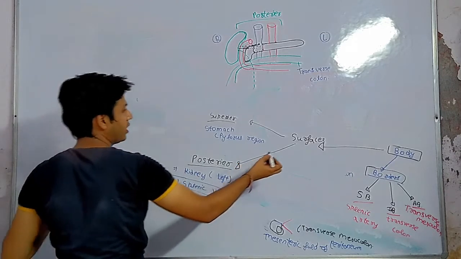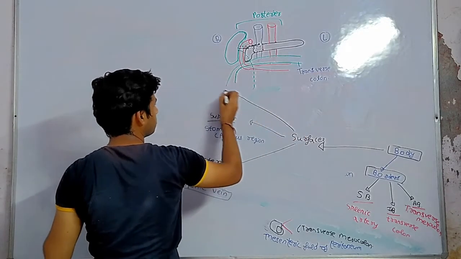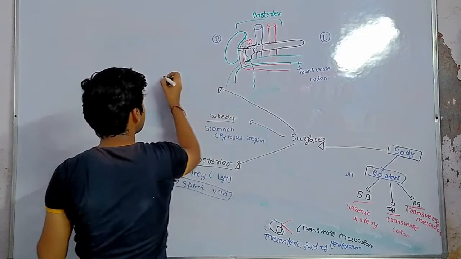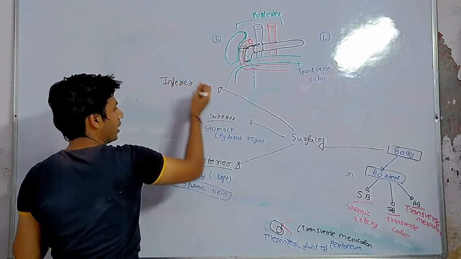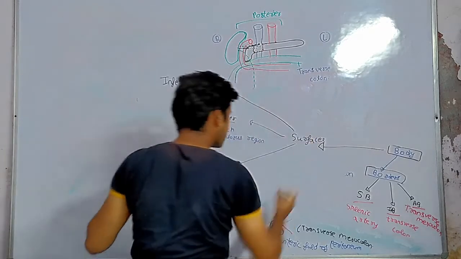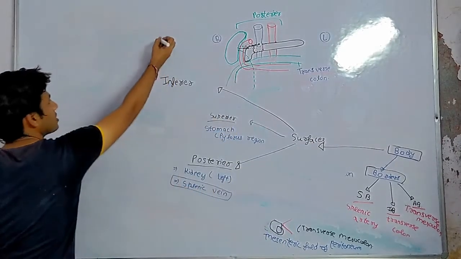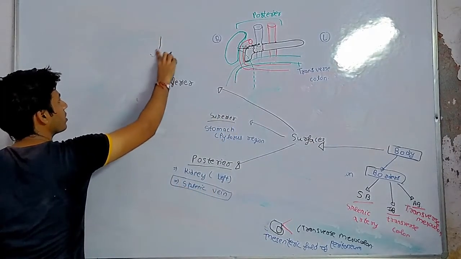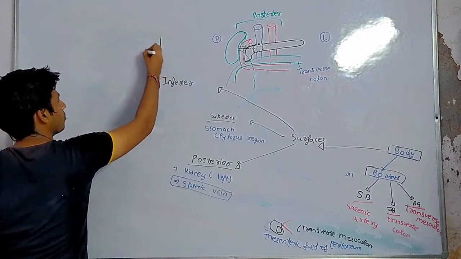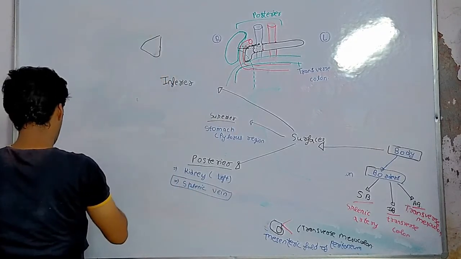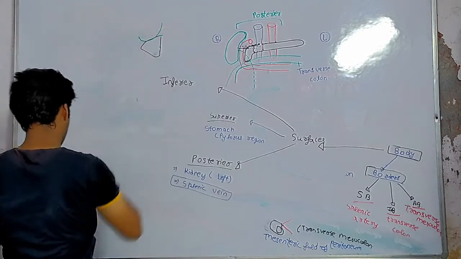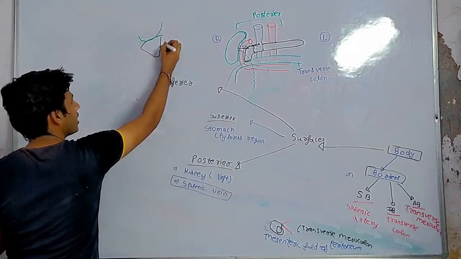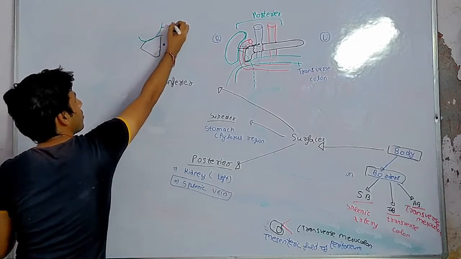Now come to the inferior surface. If we draw the body like this, let's say this is the body of the pancreas. Above we have the stomach region. Behind the pancreas, this is the splenic vein. This is the stomach.